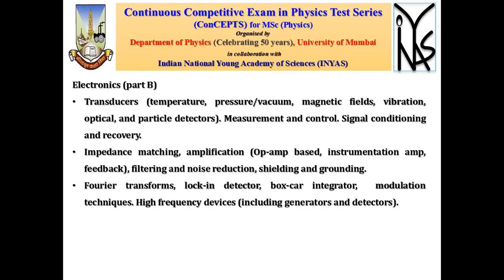Then there is a second part, electronics part B, which also has similar things. Here we have transducers, temperature, pressure, vacuum, magnetic fields, vibration, optical, and particle detectors, measurement and control, signal conditioning and recovery, impedance matching, amplification, where we use op-amp based instrumentation amplifier, feedback, filtering and noise reduction, shielding and grounding, Fourier transform, lock-in detector, boxcar integrator, modulation techniques, high frequency devices, including generators and detectors.